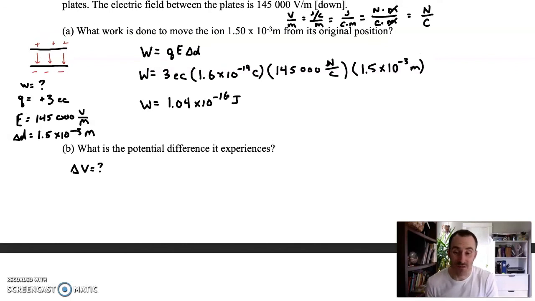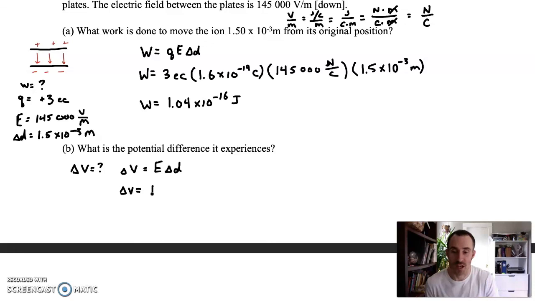I'm going to use V equals E times change in D. Voltage, or potential difference, is equal to field strength times displacement. Okay, that's the relationship I'm going to use.